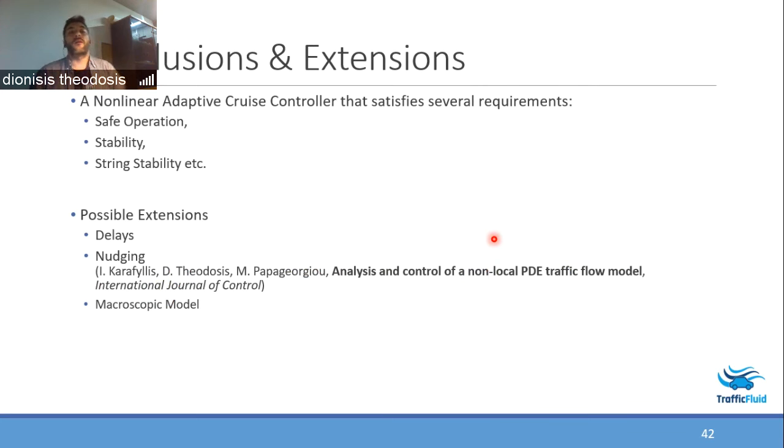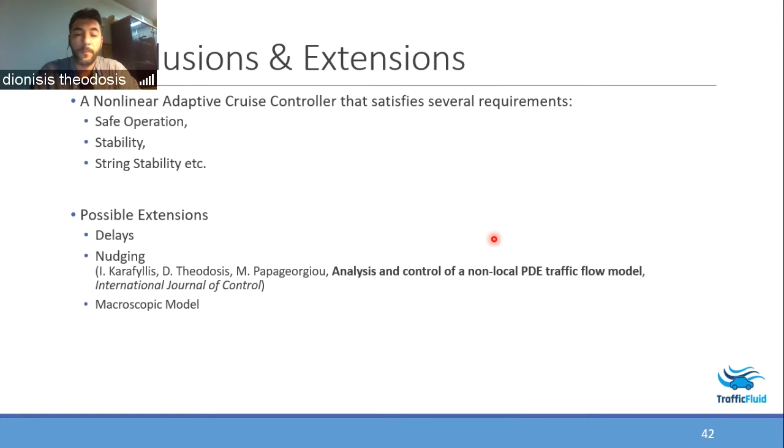Some possible extensions for this controller are to include possible delays in the control action, and also to include nudging. Nudging is a virtual force that is exerted from the vehicle directly behind our vehicle. Remember that in the controller, we only used the speed of the vehicle directly in front, but it may be possible to also use the speed of the vehicle directly behind.